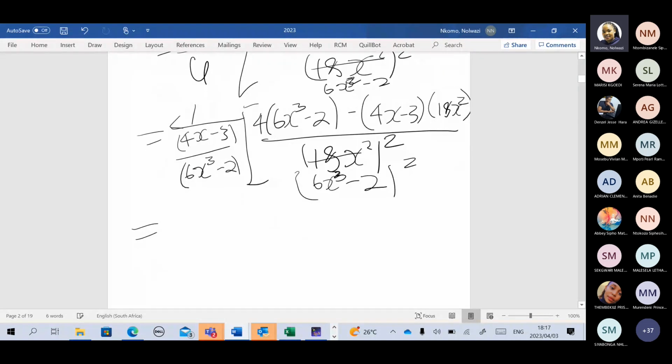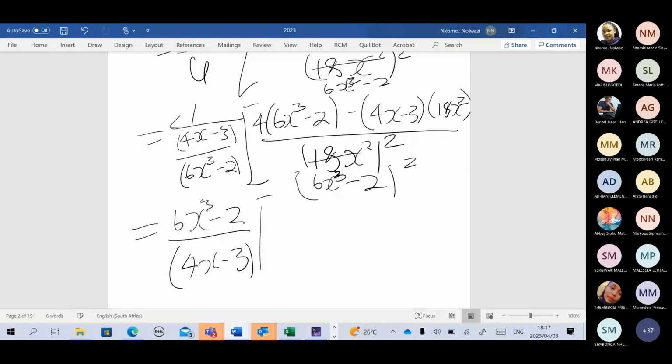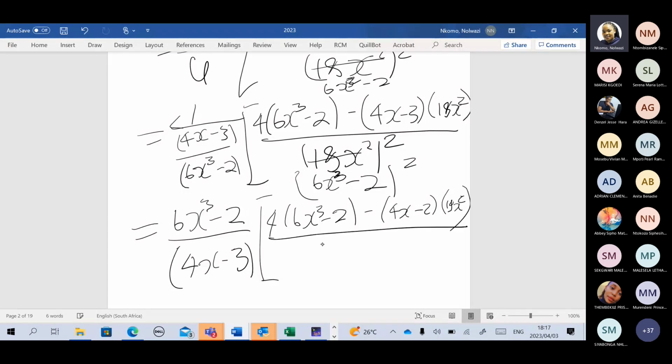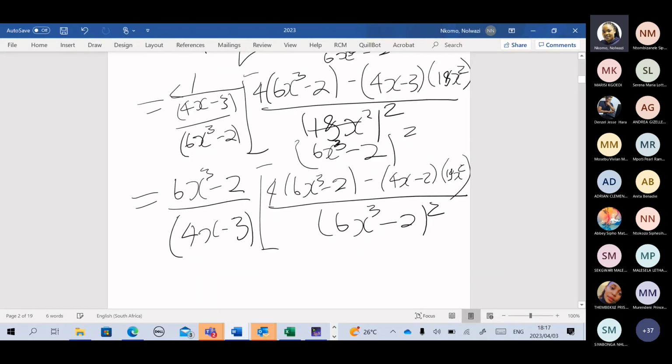Okay, this you can write as 6x cubed minus 2 over 4x minus 3, right? Times 4 times 6x cubed minus 2 minus 4x minus 3 into 18x squared, right? Over 6x cubed minus 2 all squared. Okay, 6x cubed from here can cancel out with this one.